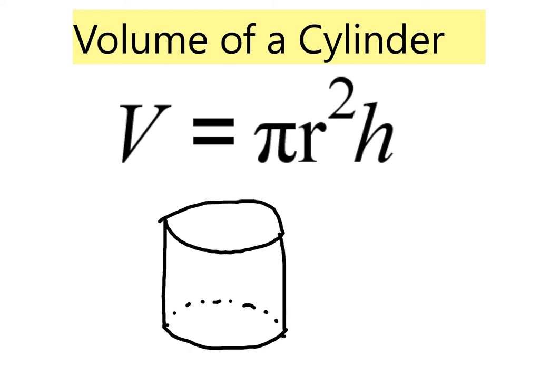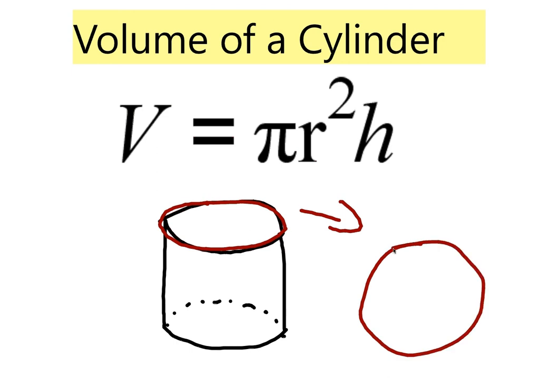I know this doesn't look like a circle. If you look at the bottom of a cylinder, it is a circle. The area of a circle is what? What's the area of a circle? Somebody remember?